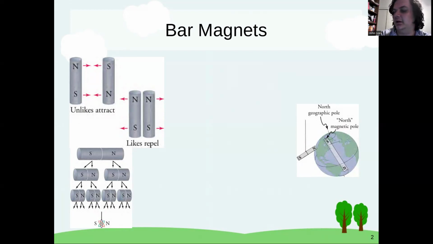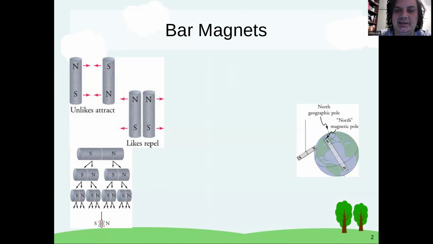Another thing about magnets is that if you have a magnet and you suspend it in the air so that there's no friction, nothing keeping it from turning, then it is going to align towards the north magnetic pole of the Earth, which is slightly off from the north geographic pole of the Earth, and is actually the southern pole of the magnet.